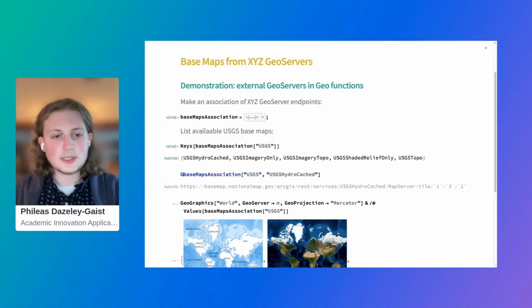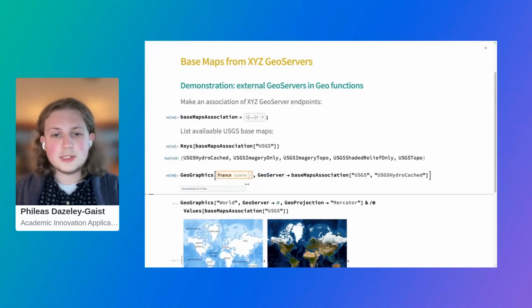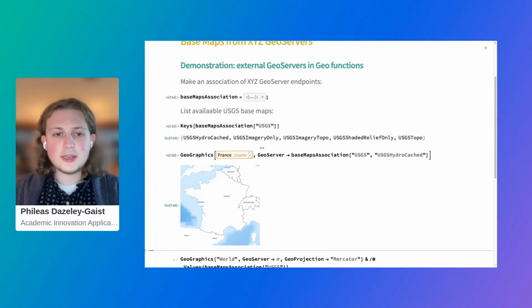So like this, for instance, GeoGraphics of France with GeoServer goes to this GeoServer, and it will represent France with this particular base map.